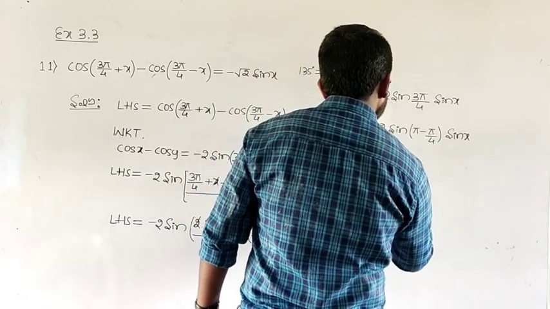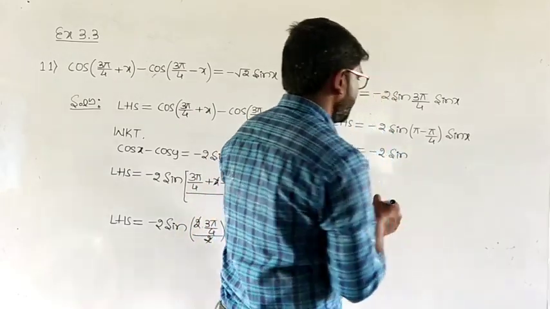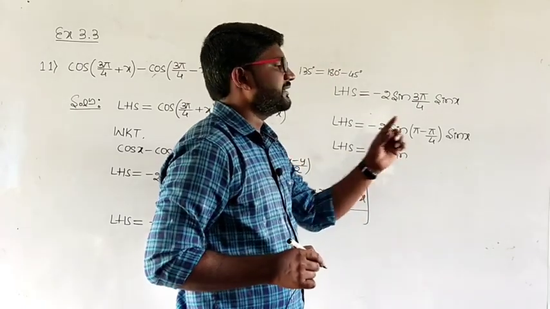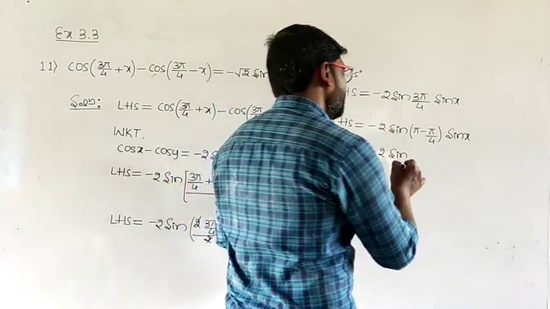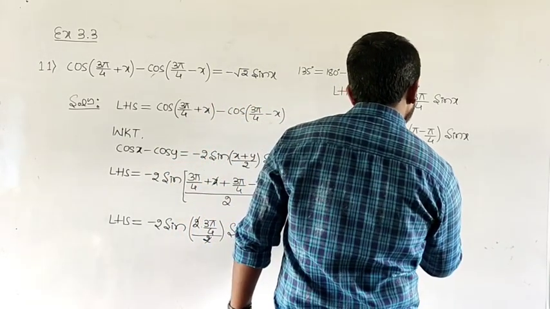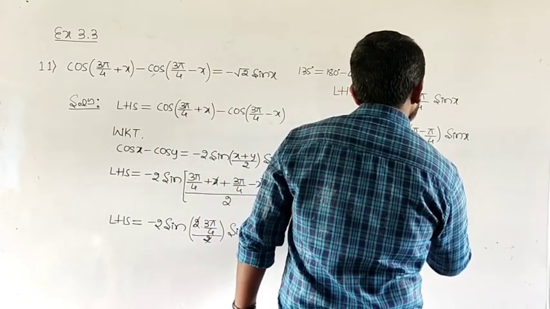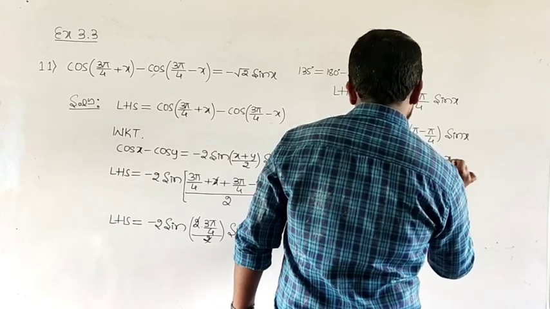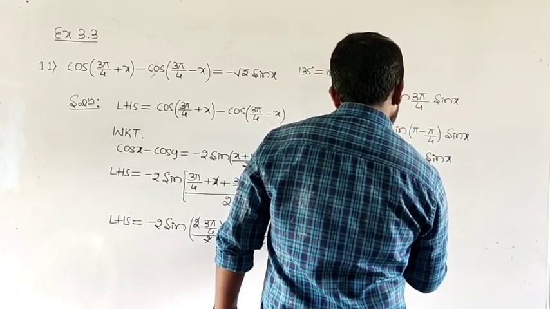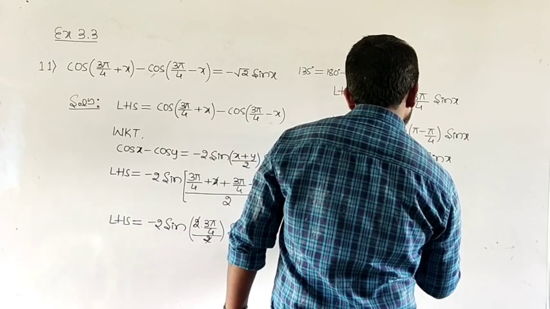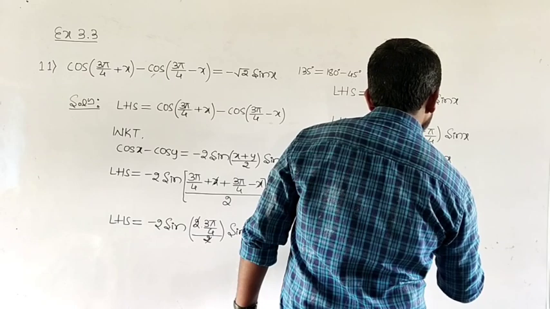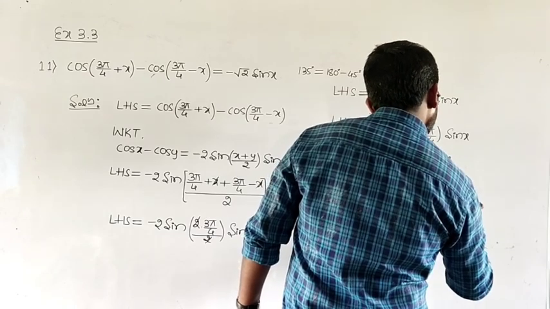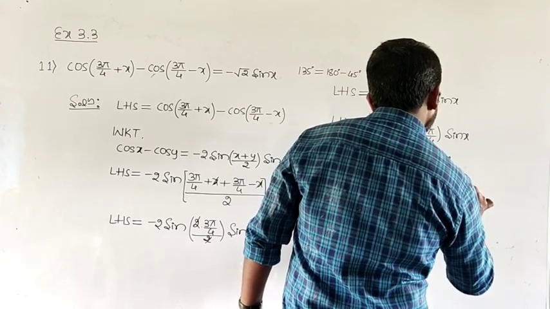So LHS is equal to minus 2 sin 180 minus x, which is in the second quadrant. In the second quadrant sin is positive, so it becomes sin pi by 4 into sin x. Now LHS is equal to minus 2 sin pi by 4, which is 1 divided by root 2, into sin x.